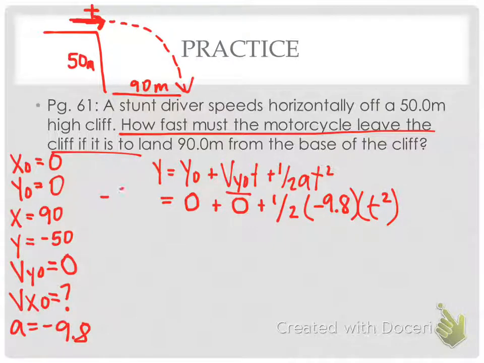And our final y displacement is negative 50. So we should multiply these two together, divide them to the other side, then we square root our answer, and we get a time equal to? Good, 3.19 or 3.2 seconds.